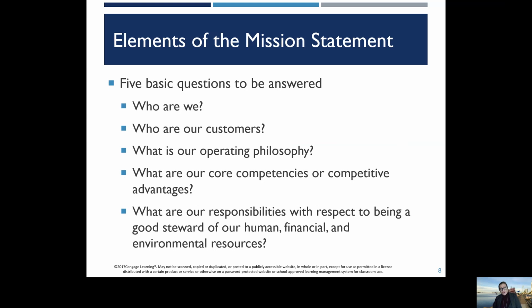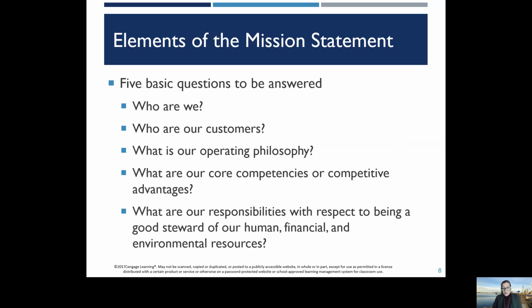When we're devising a mission statement, or maybe when we're evaluating a competitor's mission statement, there's 5 basic elements that we need to recognize. The mission statement needs to identify who are we? So what's our purpose? Who are our customers? Who's our target market? What's our operating philosophy? What's our competitive advantage?